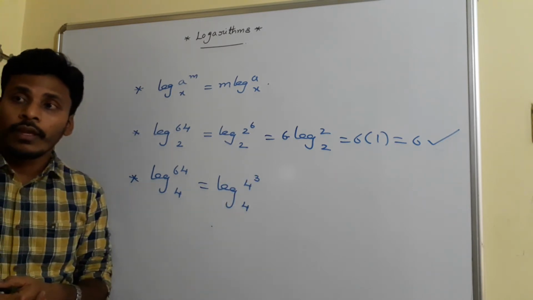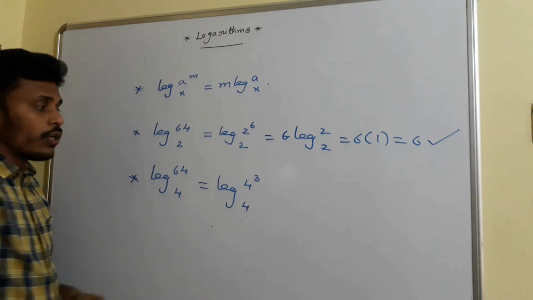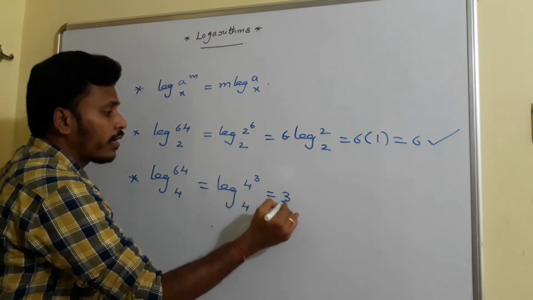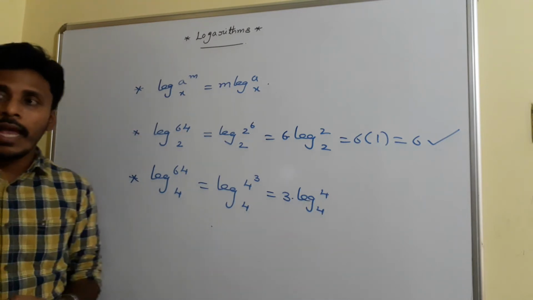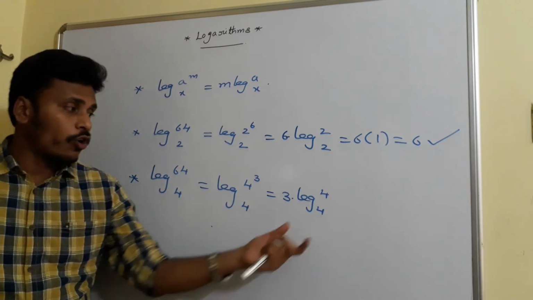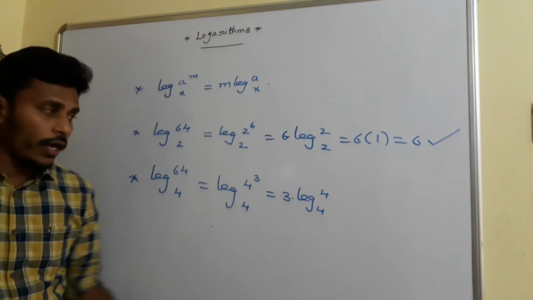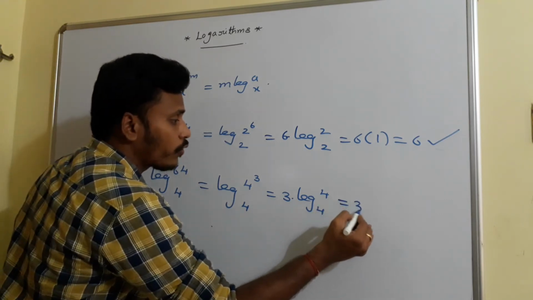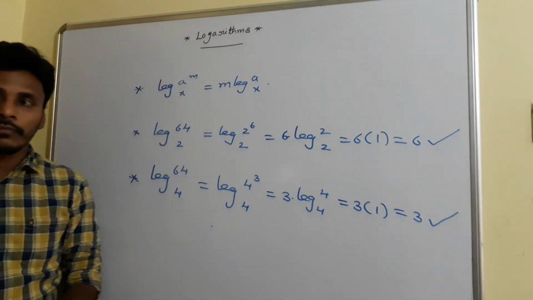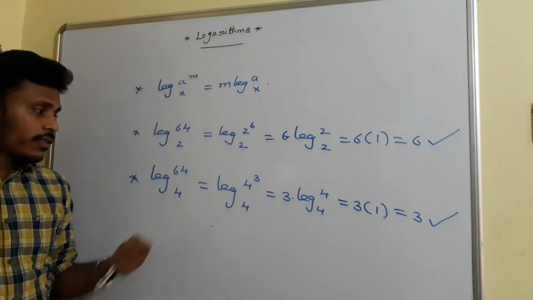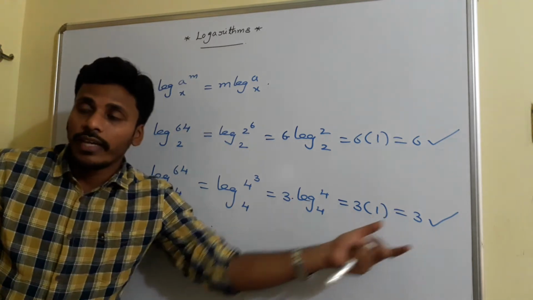If you send this 3 out, it becomes 3 into logarithm of 4 base 4. Logarithm of 4 base 4 is 1, and on simplification its value is 3 into 1, which is equal to 3. Is it clear? Logarithm of 64 base 4 is 3.